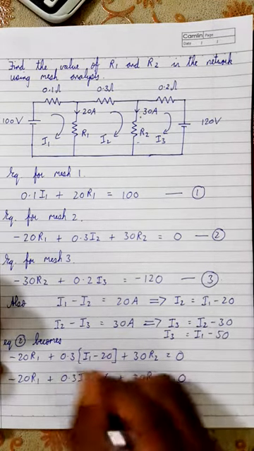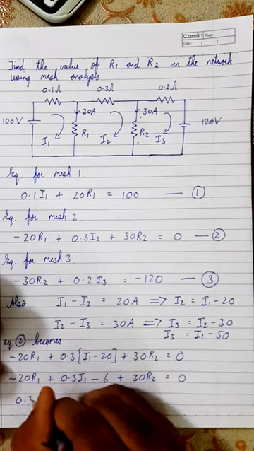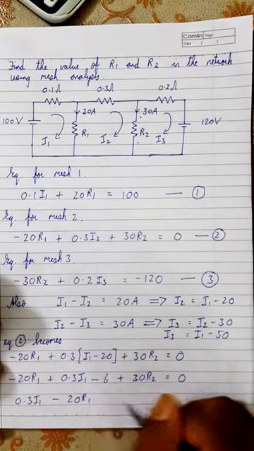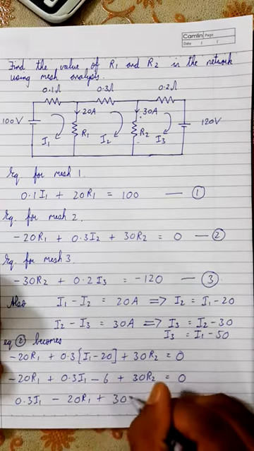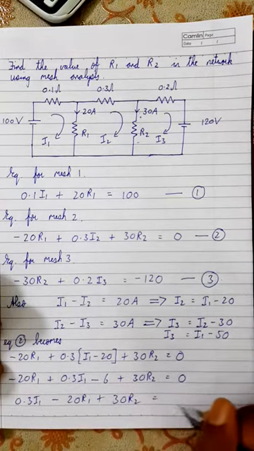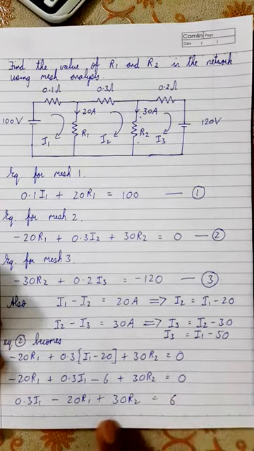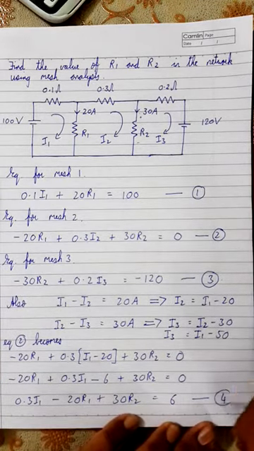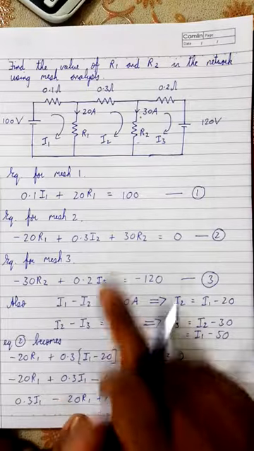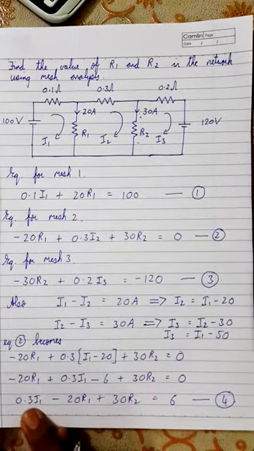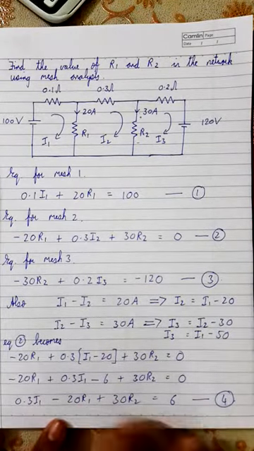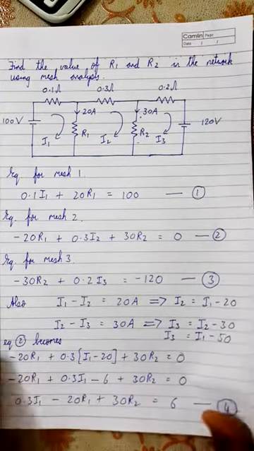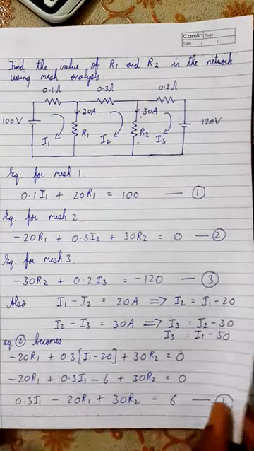Or in other words, I can say that 0.3 I1 minus 20 R1 plus 30 R2 is equal to 6. Okay, this is my modified equation of mesh 2, which contains only I1, R1 and R2. There is no I2 and no I3. There is no need for I2 and I3. So that's one equation.